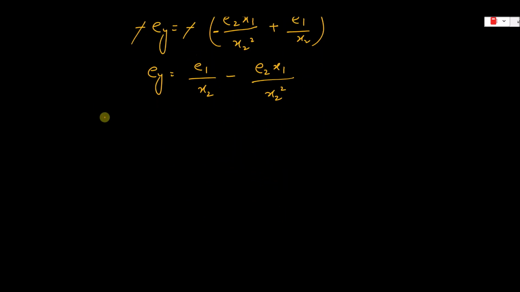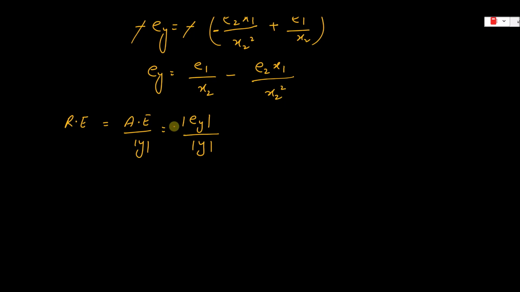Okay, so after that we are going to write the relative error. So relative error is equal to absolute error over y. So that should be equal to ey over y.